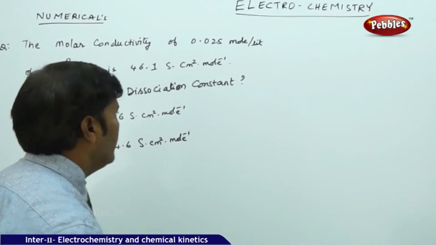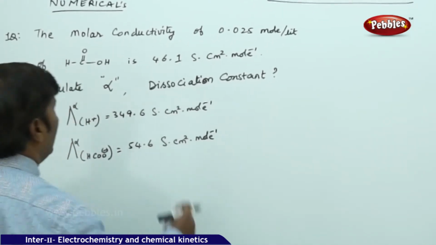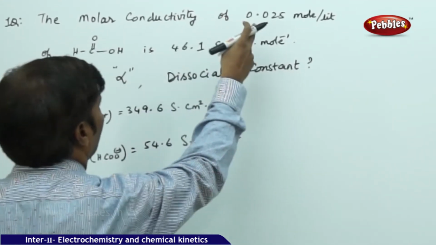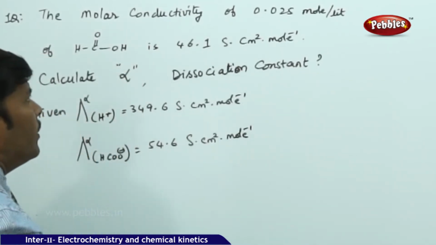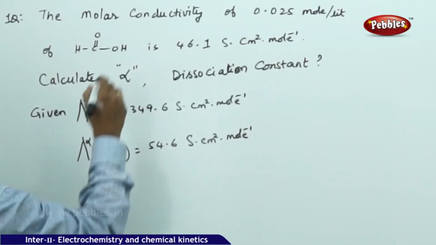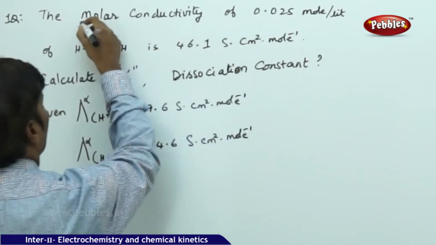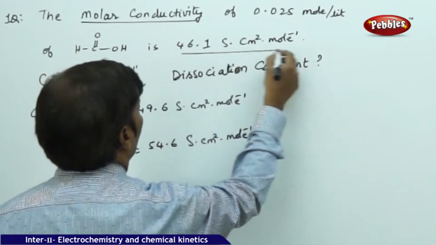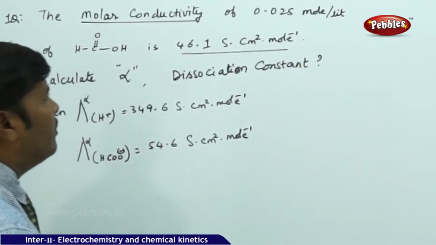So here if you look into the numerical, the molar conductivity at 0.025 moles per liter, the concentration is given from the data of the problem. The molar conductivity is given as 46.1 Siemens centimeter square per mole.